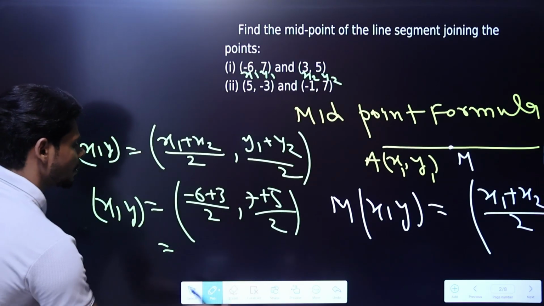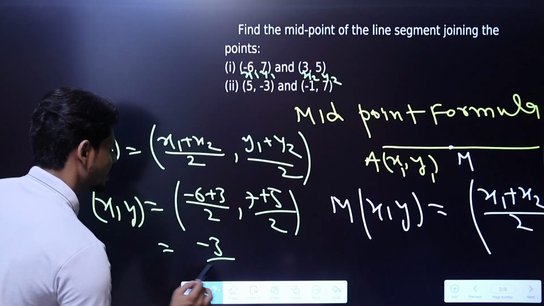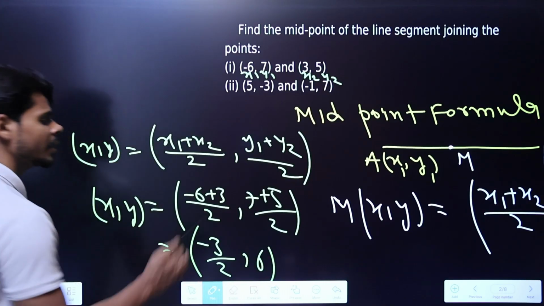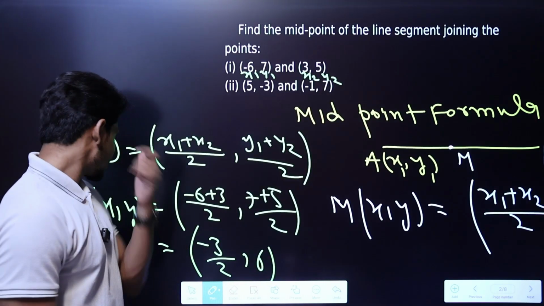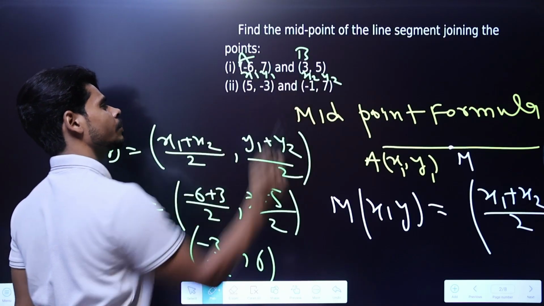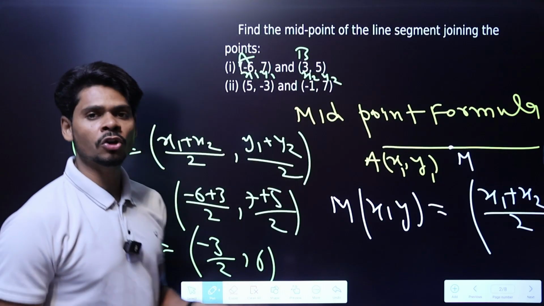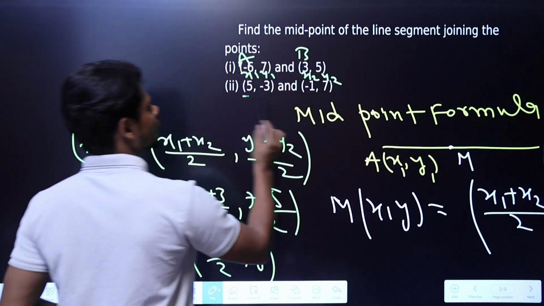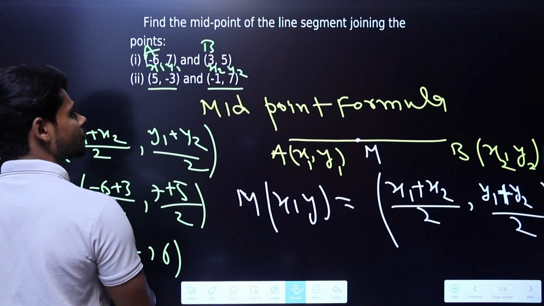So it comes out to be minus 3 by 2, comma 12 divided by 2, which comes out to be 6. So this is the midpoint of the 2 points given. If this is A and this is B, then this point is the midpoint of AB. Got it? Okay, fine.